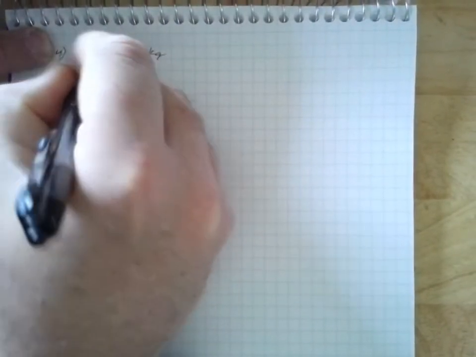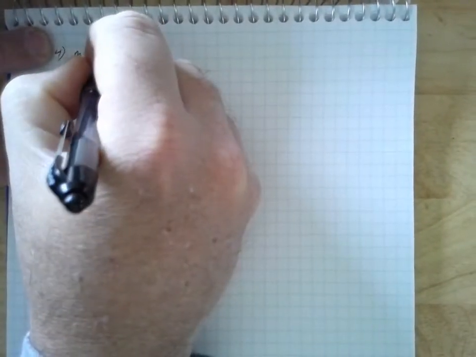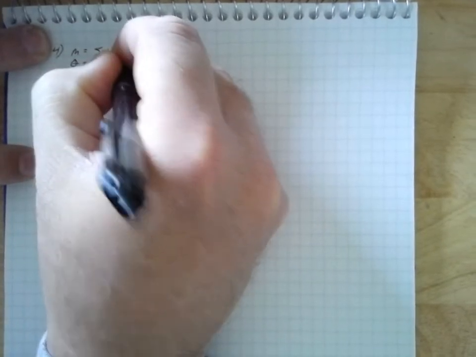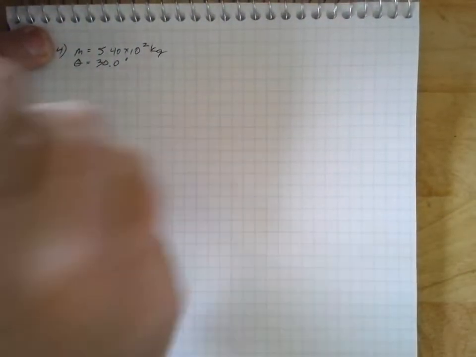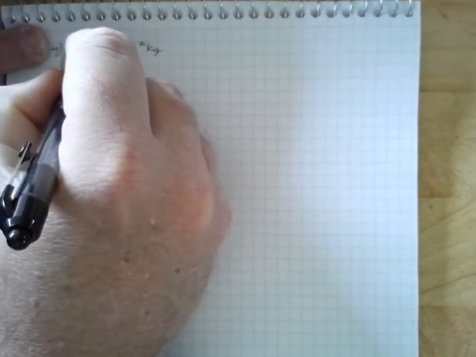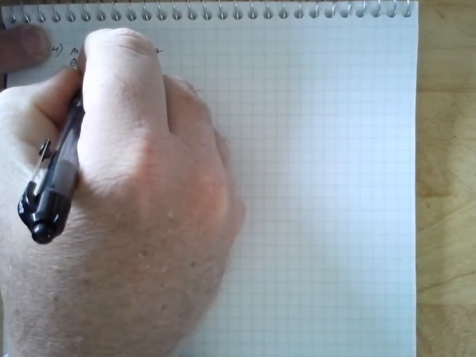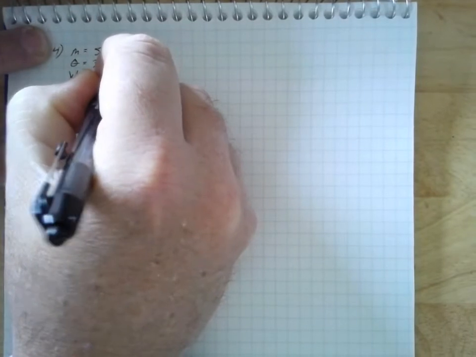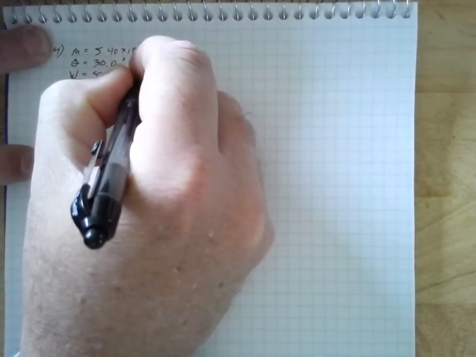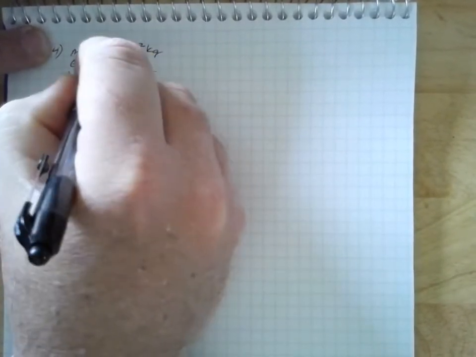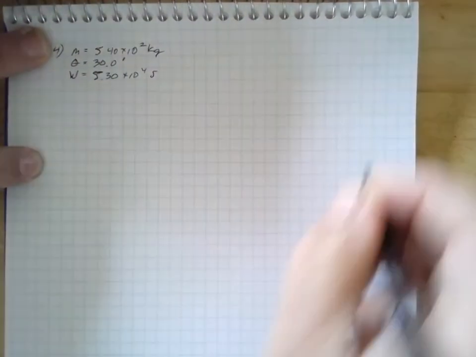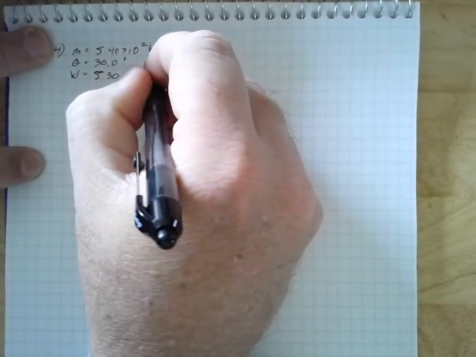The angle of the ramp was 30 degrees. And the work done by gravity was 5.30 times 10 to the 4 joules.